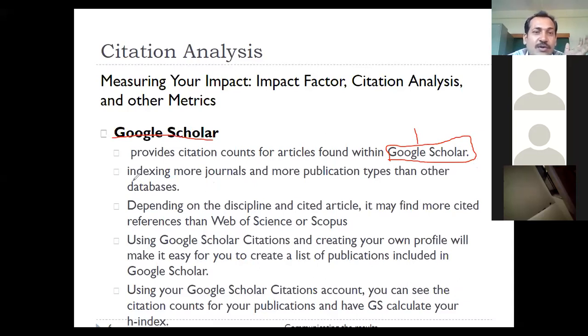Google Scholar is a very robust search engine, and due to that, it indexes more journals and more publication types than other databases. So typically Google Scholar covers the maximum number of journals and publication types.